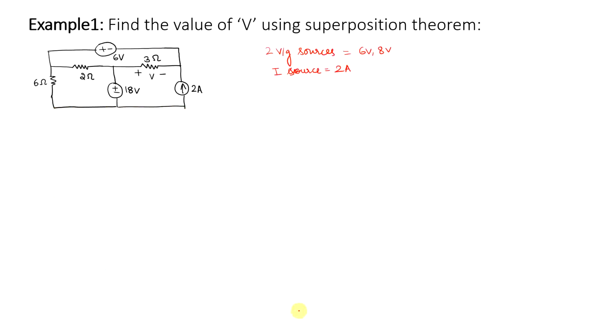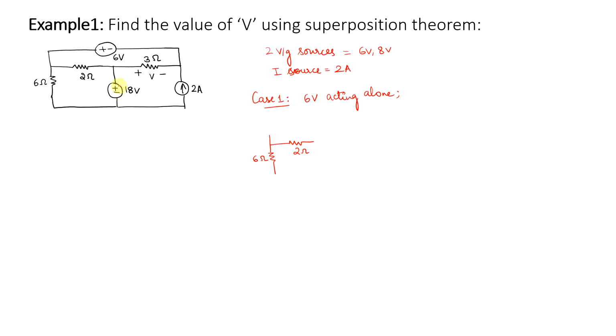So let us consider three cases because we have three different sources. In case 1, I will consider the 6 volt source acting alone. Let me draw the circuit and see what I get. So this is 6 ohms. I have a 2 ohms resistance, and I need to make the other sources inoperative.